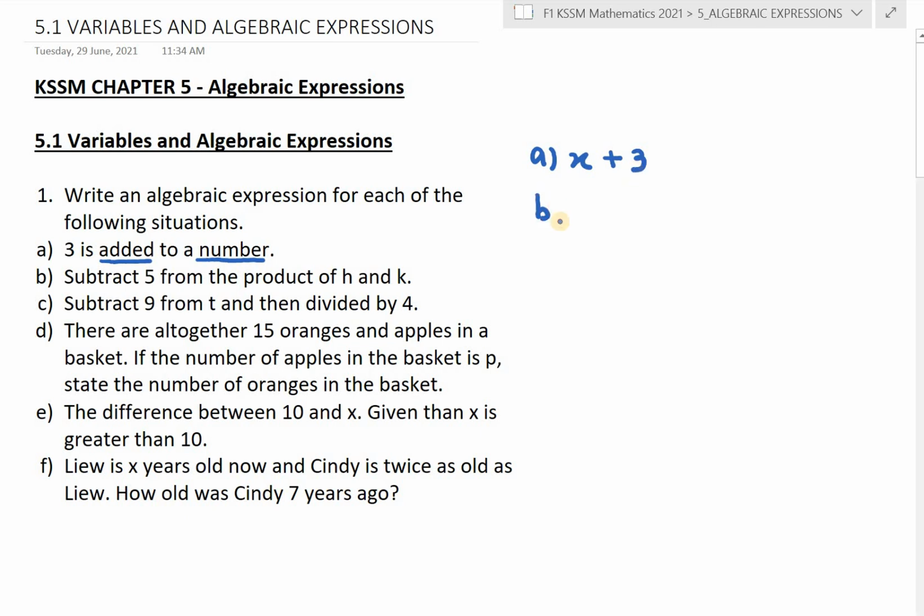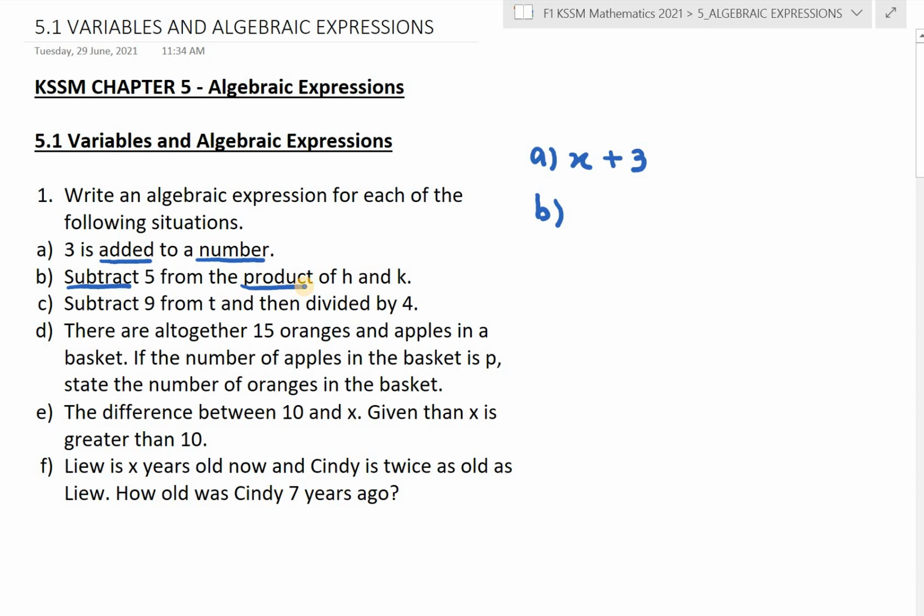For question B, we have subtract 5 from the product of H and K. Soalan sebut subtract 5. Subtract means tolak. Tolak 5 dari product. Product adalah hasil darab. The new term that you are going to learn for today is hasil darab is product.